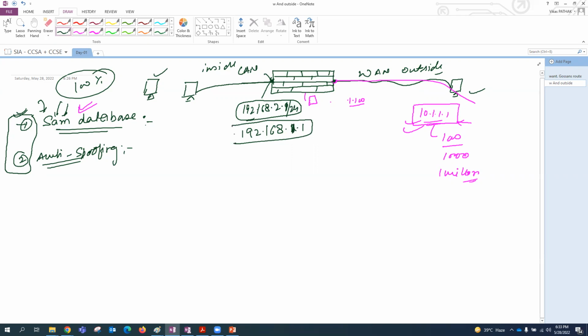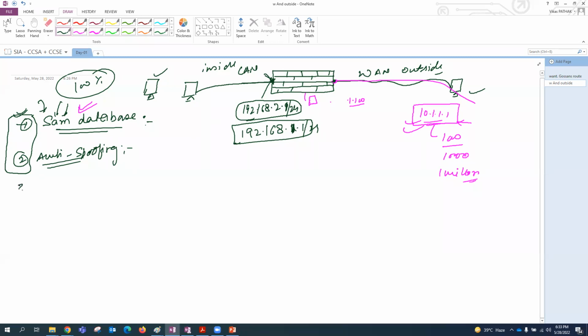This is not legitimate as per the configuration of this firewall, because the network is totally different. We have 2.1/24 and the traffic is coming from 1.1/24. So this is not a legitimate source, and the firewall will not allow it.